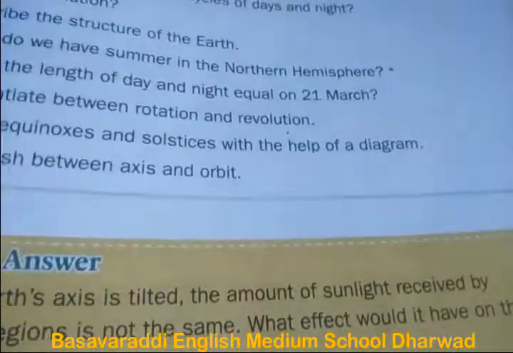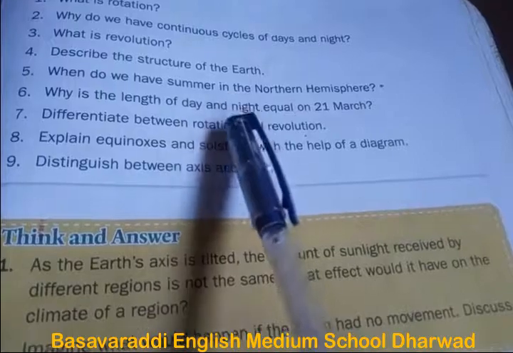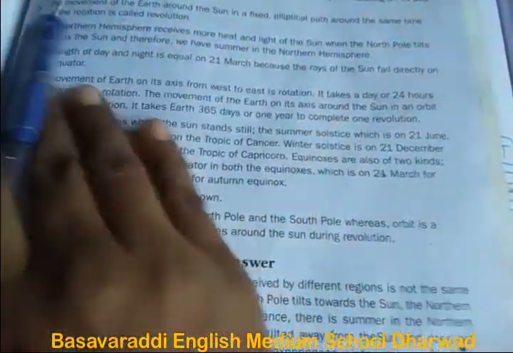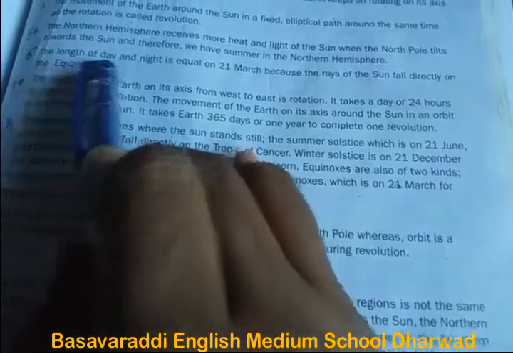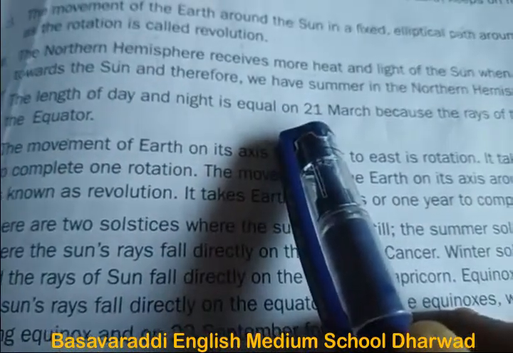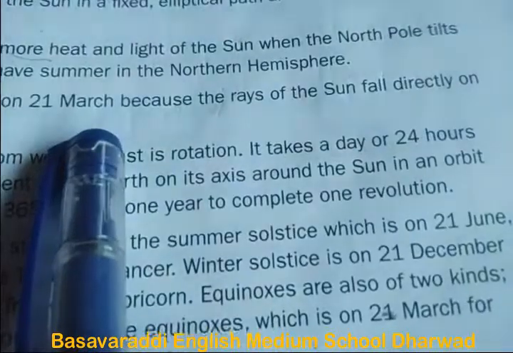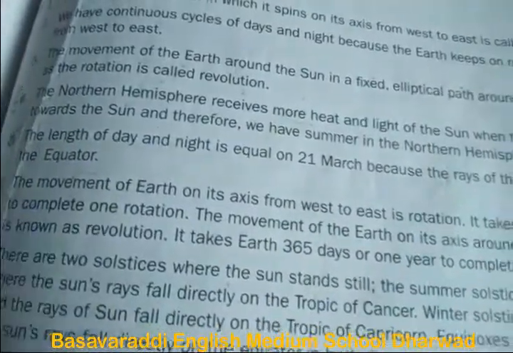Next question, sixth question. Why is the length of the day and night equal on 21st March, children? Let's discuss. The length of the day and night is equal on 21st March because the rays of the sun fall directly on the equator.